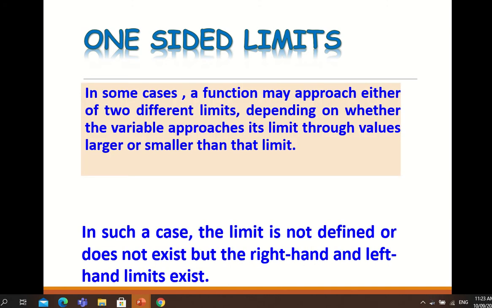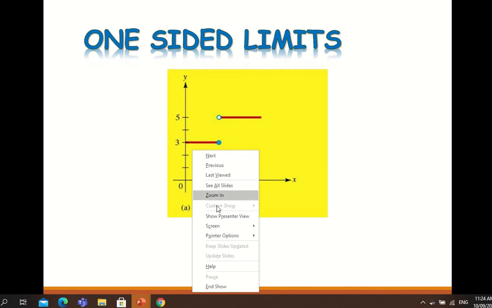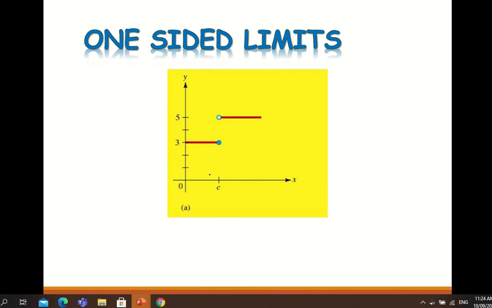In some cases, a function may approach either of two different limits depending on whether the variable approaches its limit through values larger or smaller than that limit. In such a case, the limit is not defined or does not exist, but the right hand and left hand limits exist. For example, from this picture, as x approaches c, what will be the limit of the function?